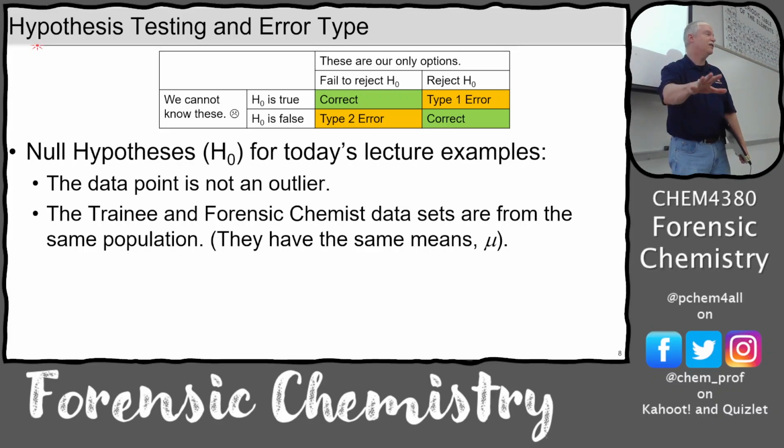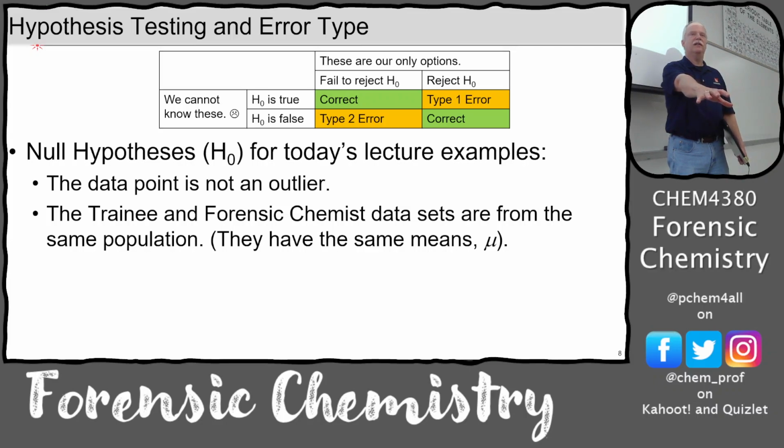But if we didn't know that, we would look at the trainee data and the forensic chemist data, and like you're saying, are they testing the same sample? It would appear that they're not. If they're dramatically different, then we would say they're not from the same population, meaning my trainee is so different than my forensic chemist, I can't be confident that they're testing the same thing.